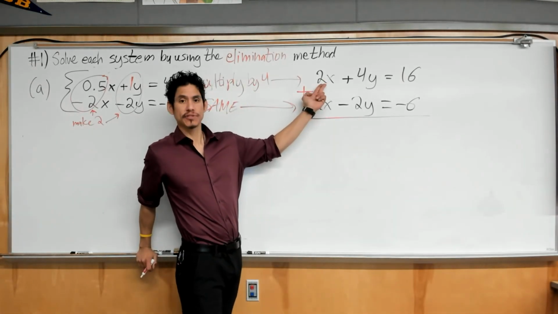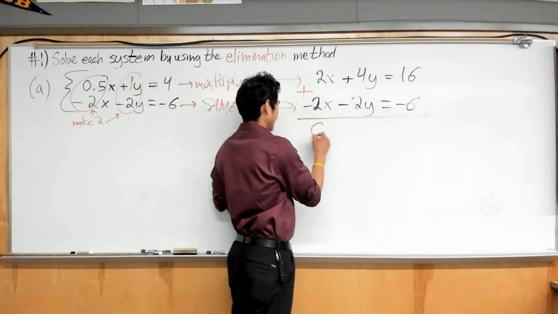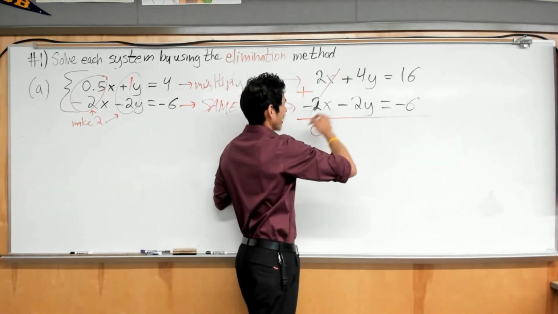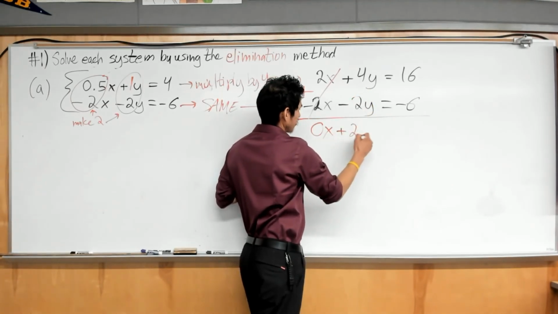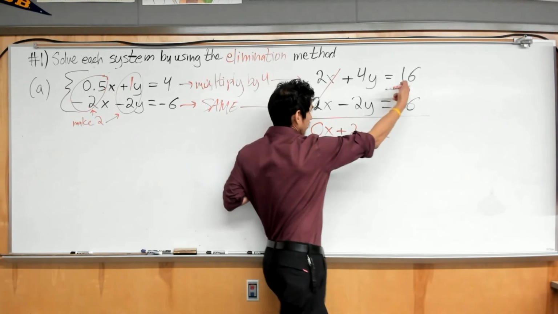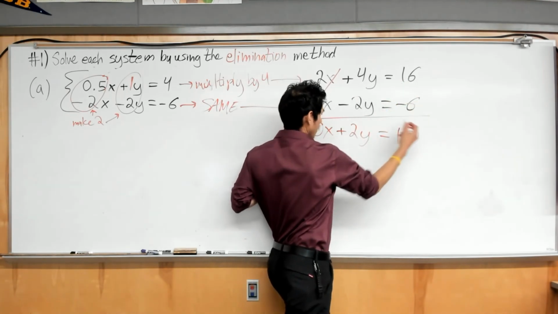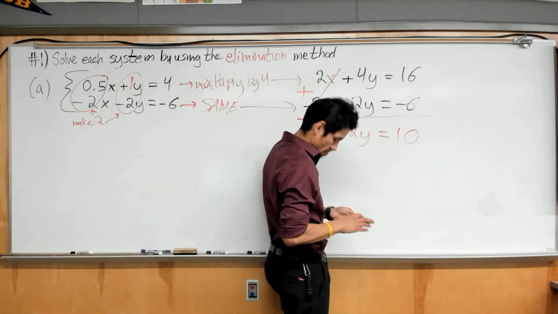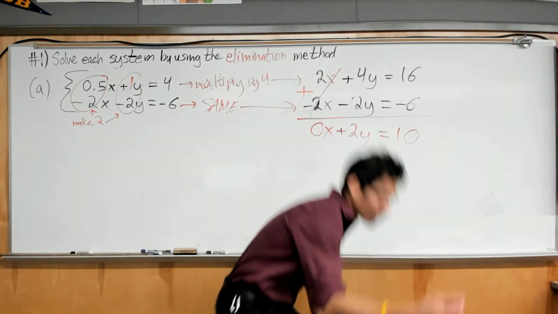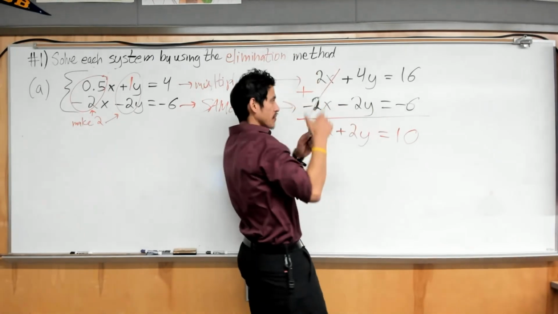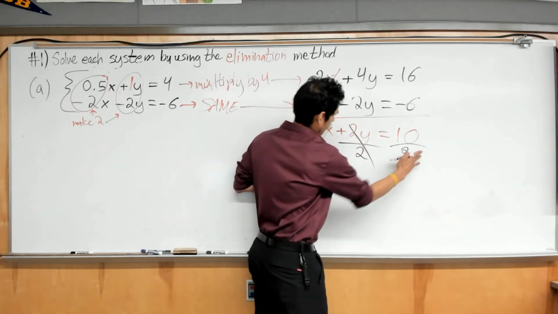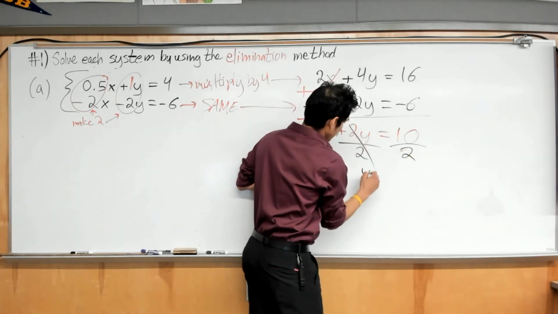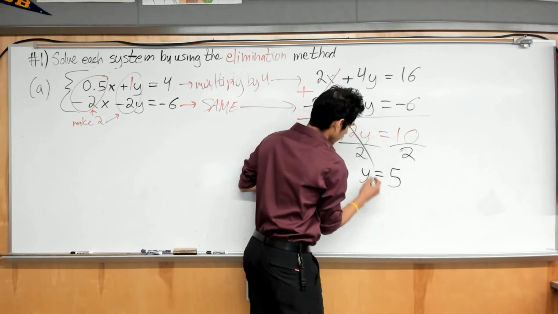When you add 2 and negative 2, you get 0x. Yeah, they go away. 4y plus negative 2y is 2y. 16 plus negative 6 is 10. And we get 2y equals 10. Y is 5.